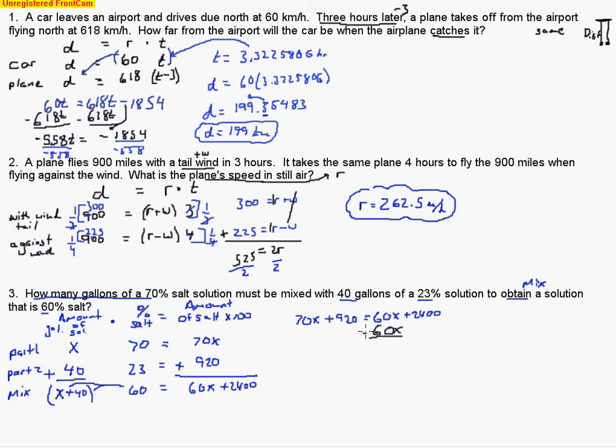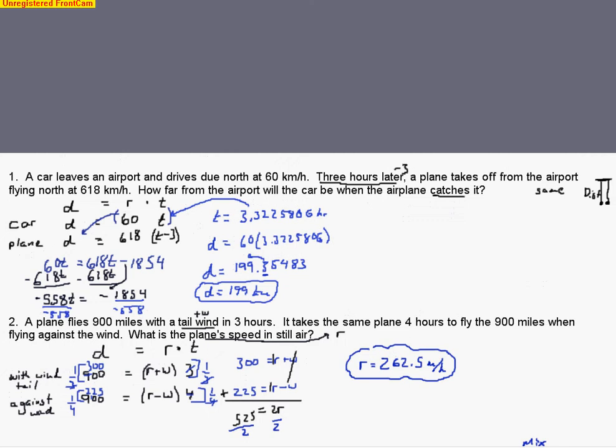And I'll also subtract that 920 from both sides. And so when I do that, I end up with just about my answer. I have 10x equals, and then I do that subtraction, I get 1,480. And so I just have one step there of dividing.